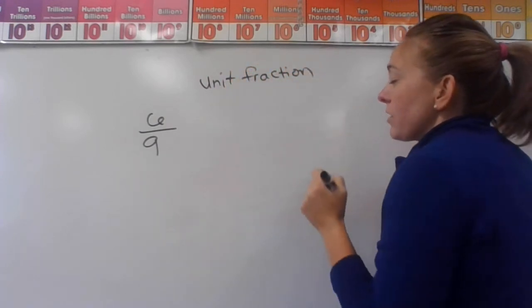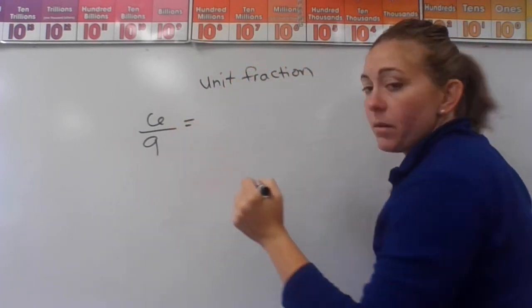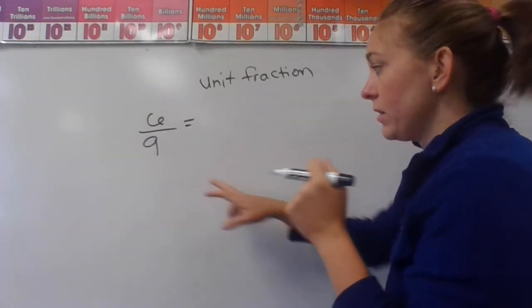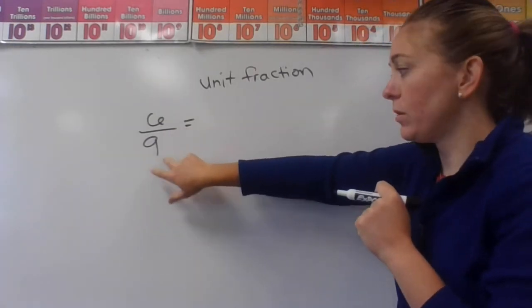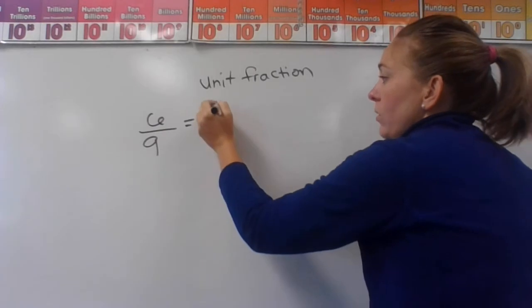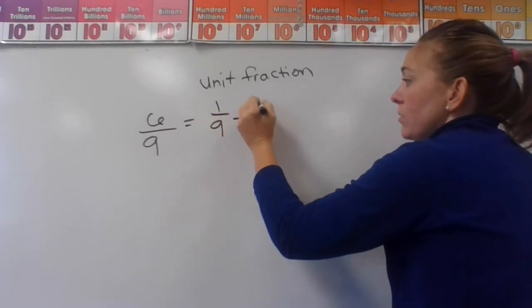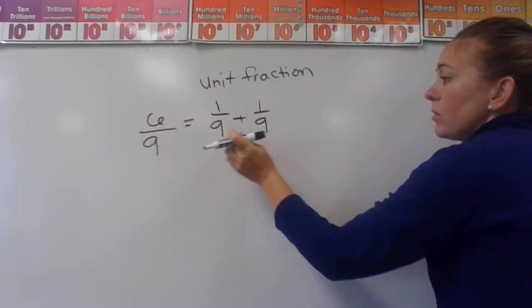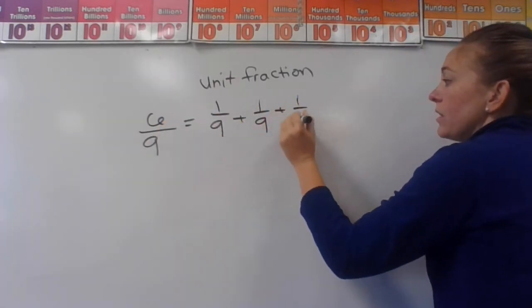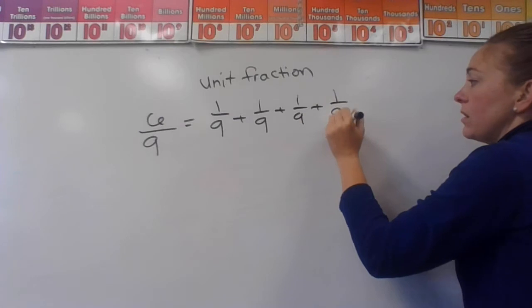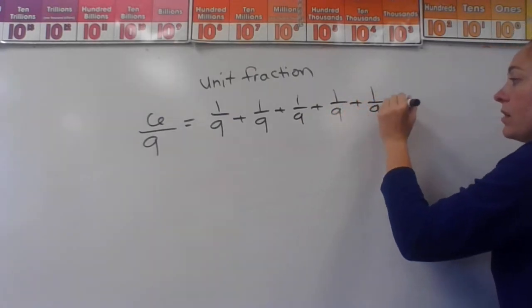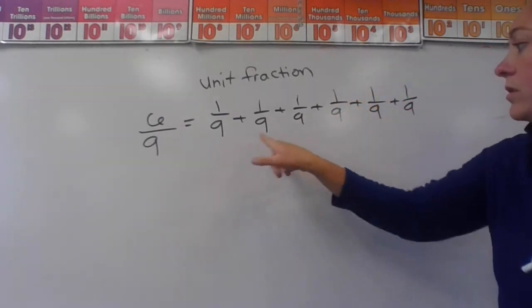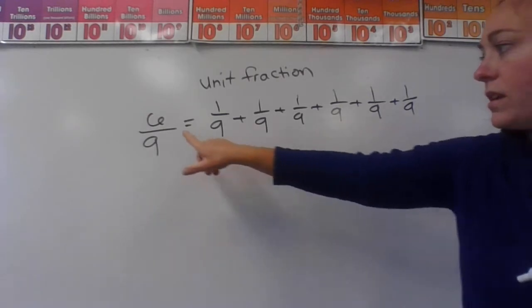Remember, a unit fraction is the number with 1 in the numerator and the denominator as the one that's in its denominator. So like 1/9 plus 1/9. We have to have it 6 times because there's a 6 up here in the numerator. 1, 2, 3, 4, 5, 6 equals 6/9.